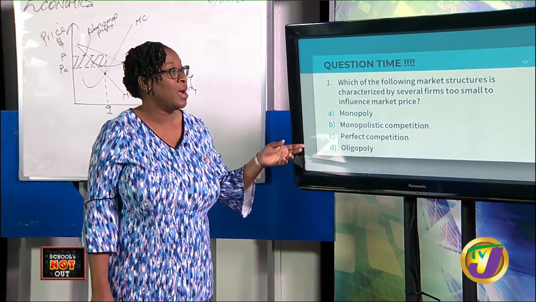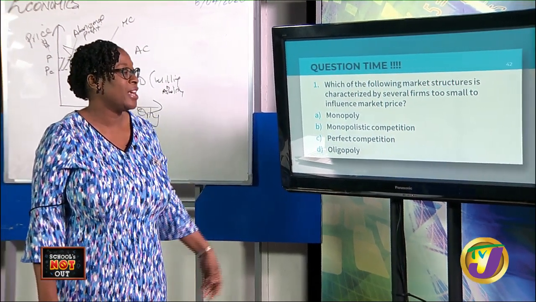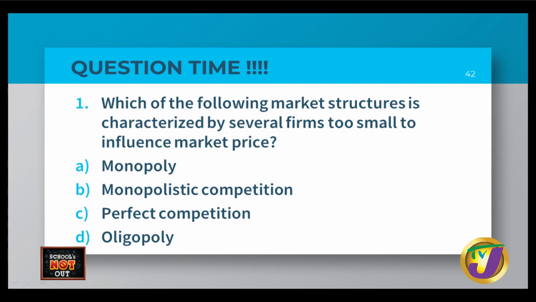I'm sure you got the answer right. The answer there is C, perfect competition. Remember, for this competition, there are several small firms too small to make any form of impact on market price. They are referred to, that's correct, as price takers.